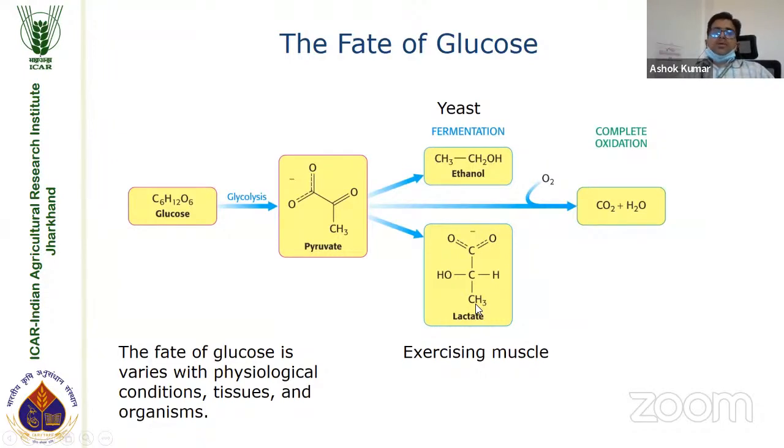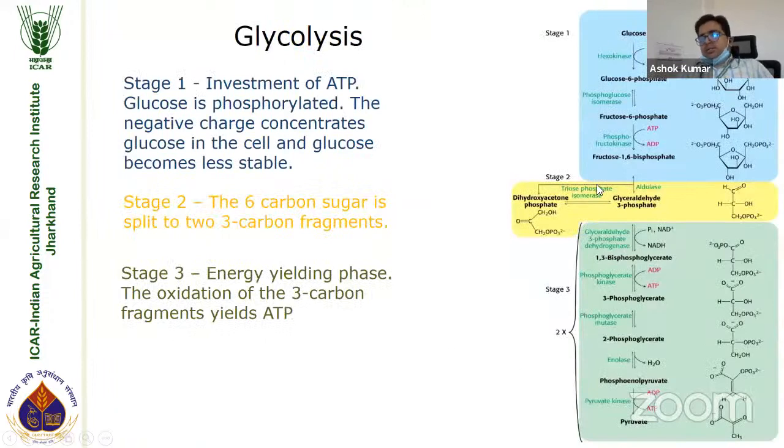Glycolysis we basically categorize into three stages. In the initial stage, the sugars are attached with phosphate moieties. For attaching these phosphate moieties, we have different enzymes.